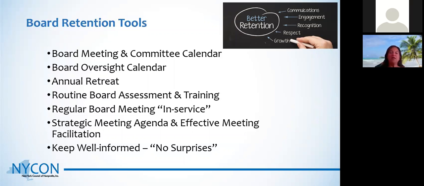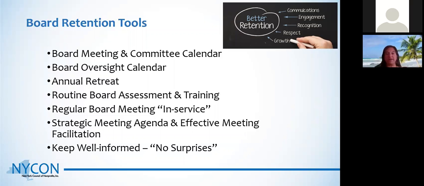Really think it through, develop a concrete action plan, and make sure people build their confidence level and have clear tasks and clear responsibilities around fundraising, because otherwise people are going to avoid it like the plague.